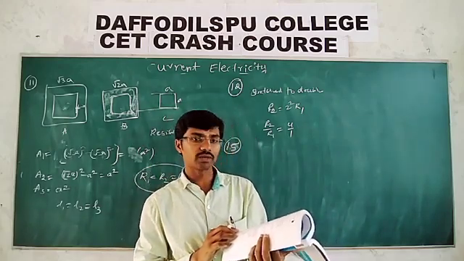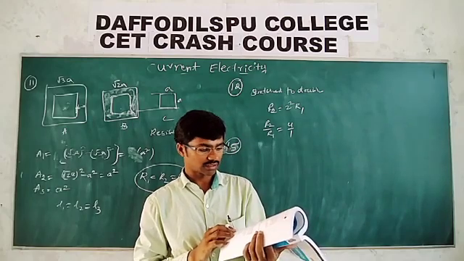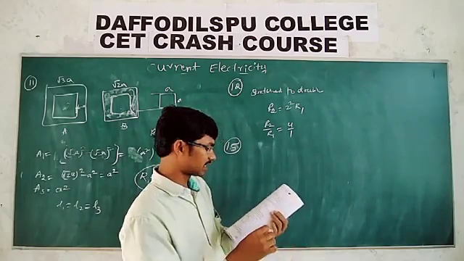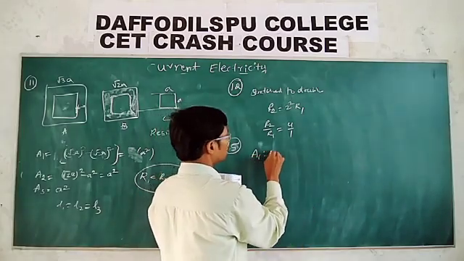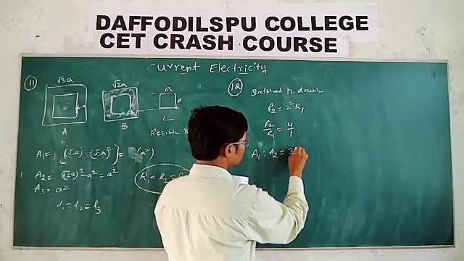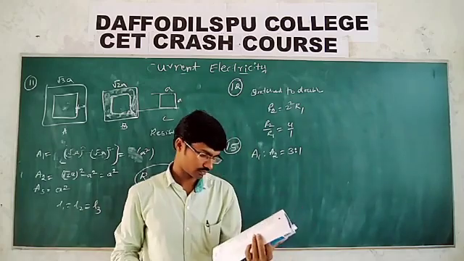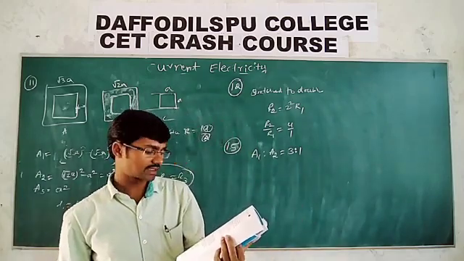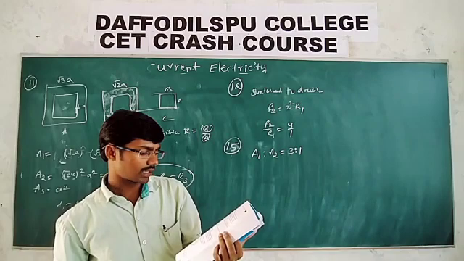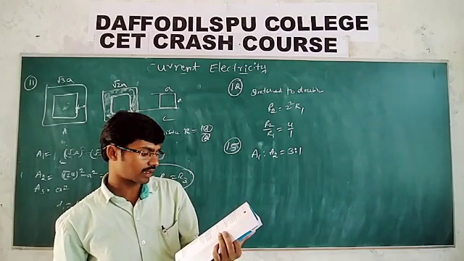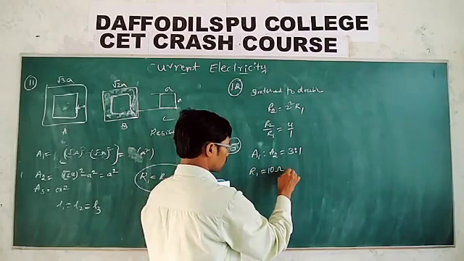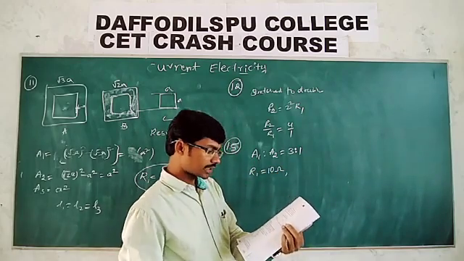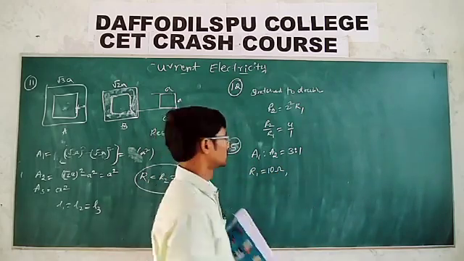Let us see the 15th one. Two wires of the same metal have the same length L, but their cross sections are in the ratio A1 is to A2 equal to 3:1. They are joined in series. The resistance of the thicker wire is R1 equal to 10 ohm. Find the total resistance of the combination.